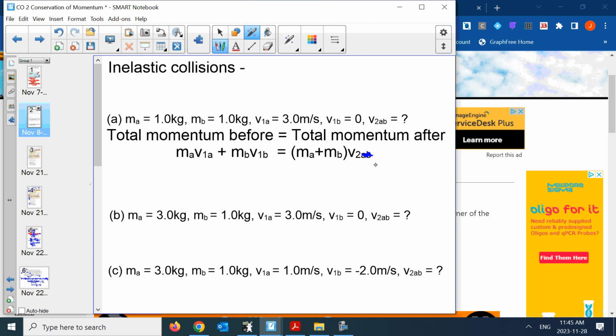Let's do the calculation for this one and then watch. So what I'm saying is that MA is 1 kilogram, V1 is 3, plus MB is 1 kilogram, V is 0.